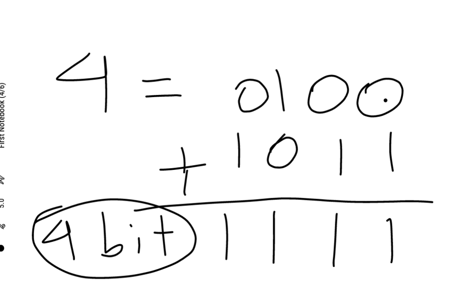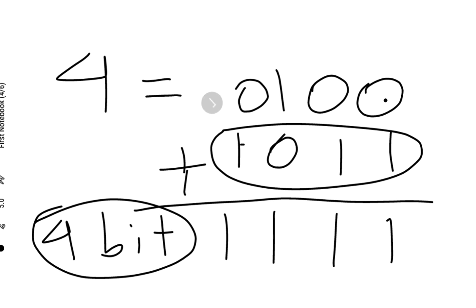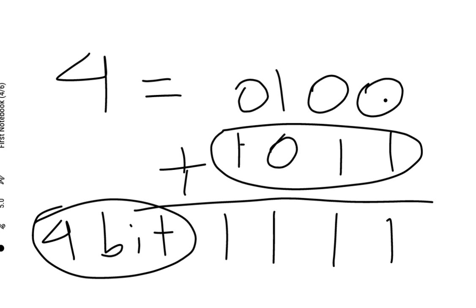And now that we have this, let's think about how we can use this to find the negative value of this number. Well, we have this number here and this equals 4. So if we can somehow make this equal to 0, then we could say that this plus this can be used as minus 4, since 4 plus minus 4 always equals 0.